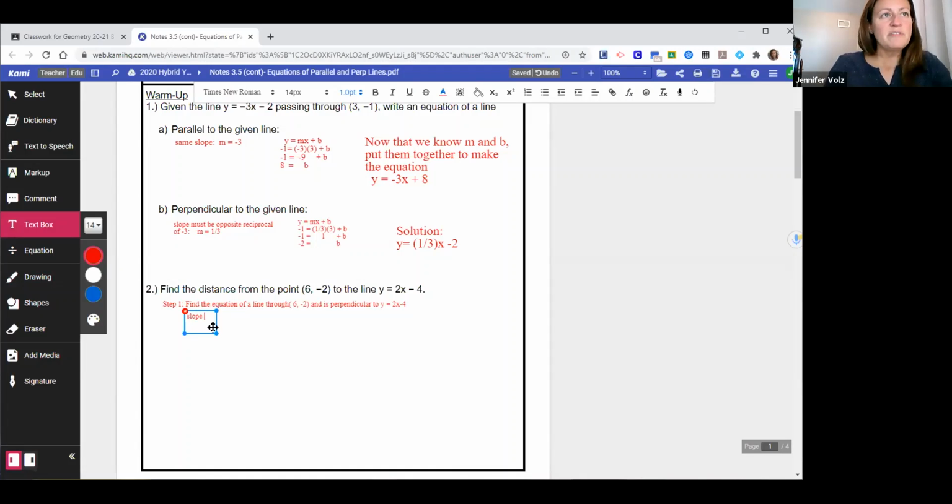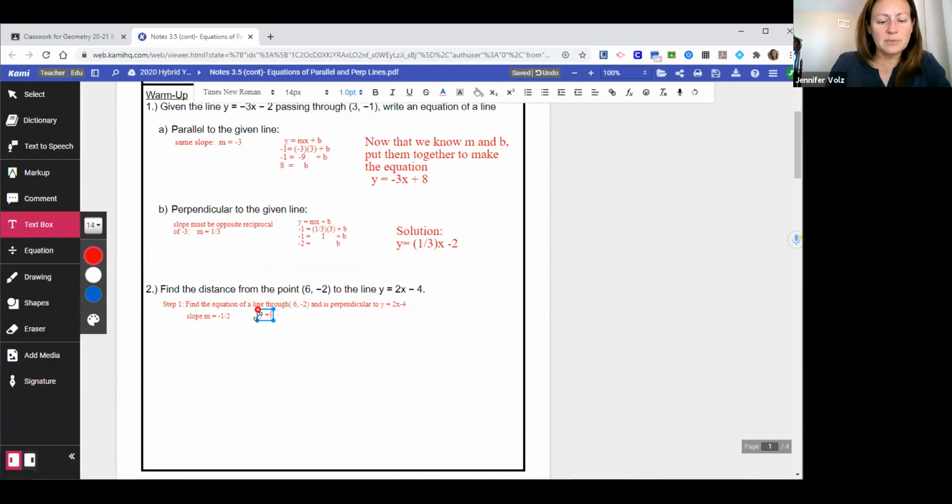All right, so the slope of a line that is perpendicular to 2x minus 4 is going to have to be the opposite reciprocal of 2. The opposite reciprocal of 2 is negative 1/2. Then I'm going to do this whole process up here again.